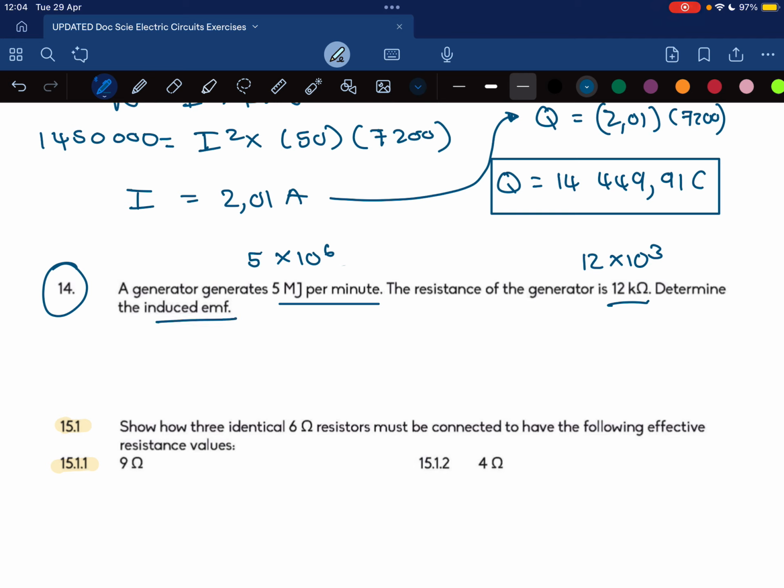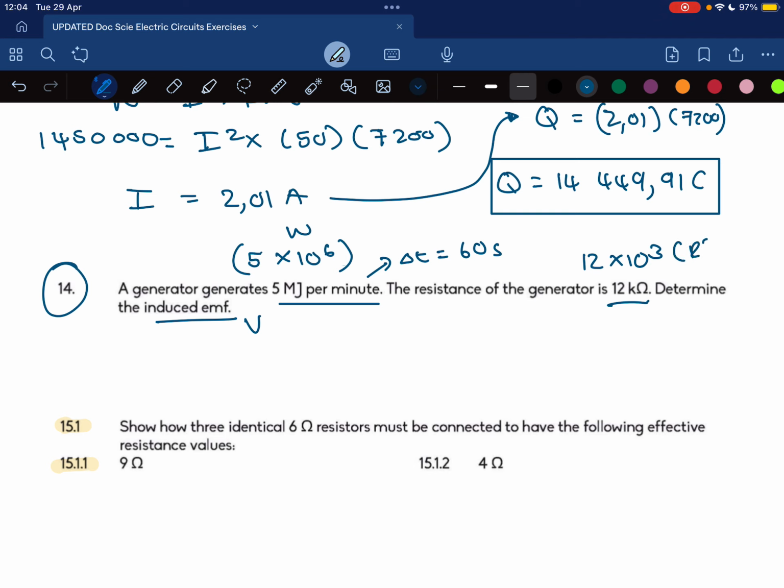Determine the induced EMF, which is obviously going to be the voltage. So we are given the work, and we're told it's per minute, so the time is 60 seconds.